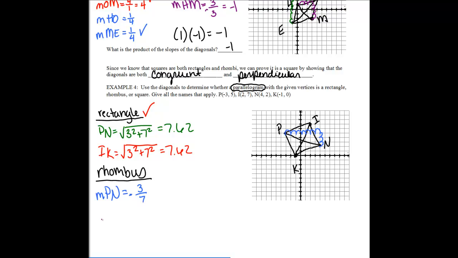Then the slope of IK goes up 7 and right 3, so 7 over 3. The opposite reciprocal of negative 3/7 is a positive 7 over 3. So yes, it is a rhombus. And since it is both a rhombus and a rectangle, that makes it a square.